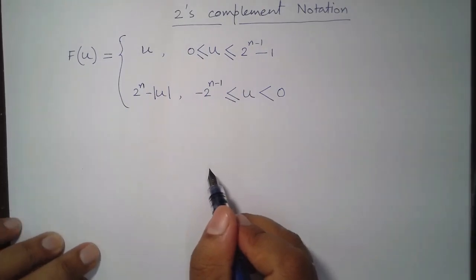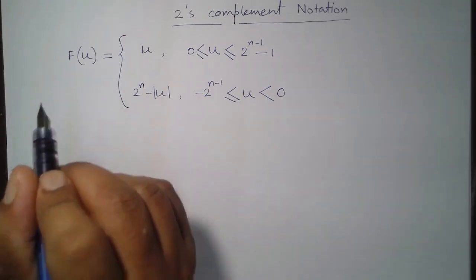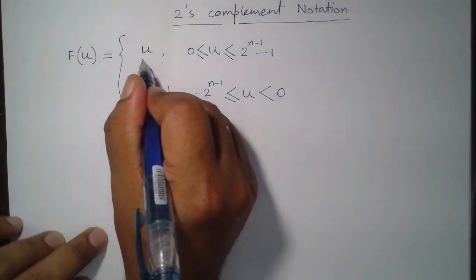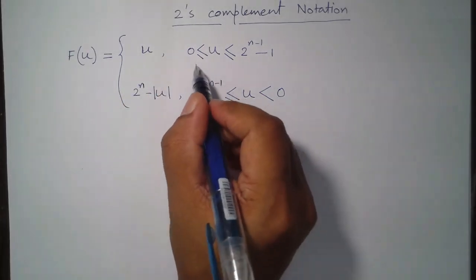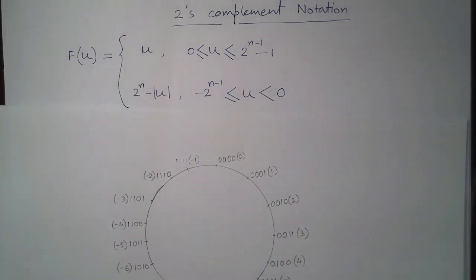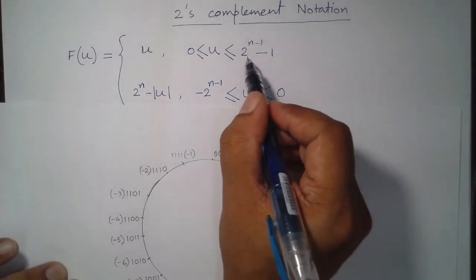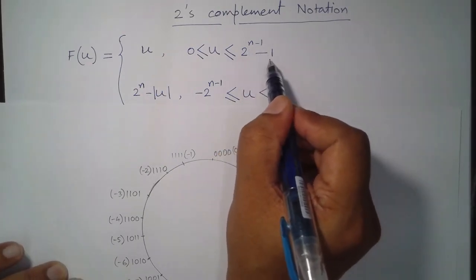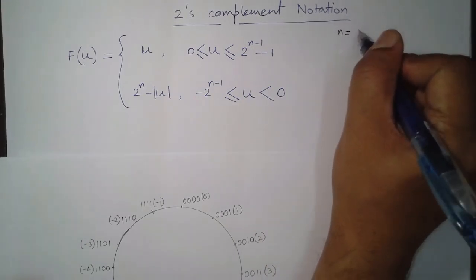So we are saying that a number u will be represented in the 2's complement notation by the same position as we have seen in the number circle if the number is positive. So we can look at the number circle here. Let's take one example. Let's take n as 4.